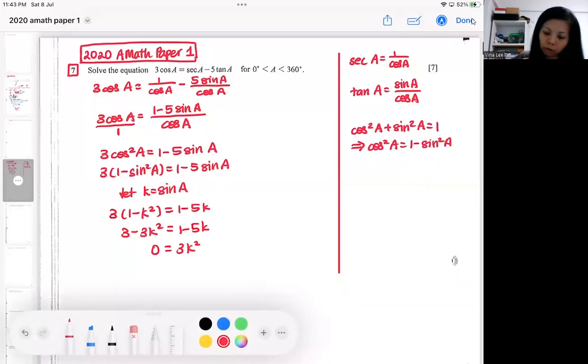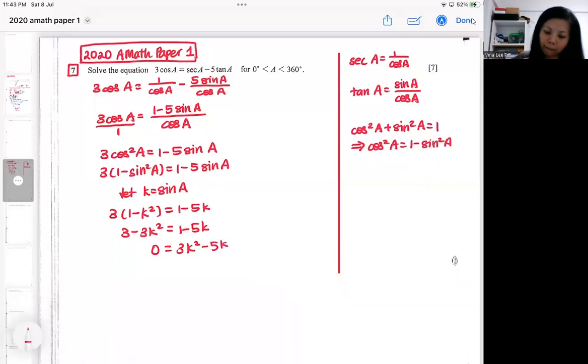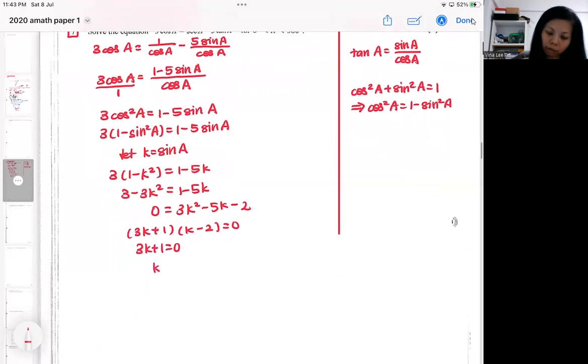Okay, so form the quadratic as per normal. So do your factorization. So you do your normal quadratic as if you solve for your two normal answers.